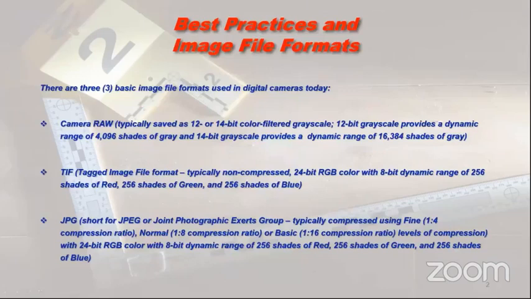But before we start, I want to talk a little bit about the different types of file formats that you may be using today. We have talked a little bit before in our last session about the camera raw files, and we want to make sure that we are using an HDR or high dynamic range value.